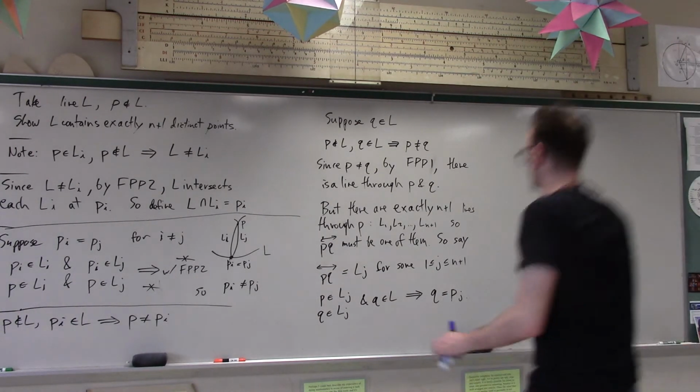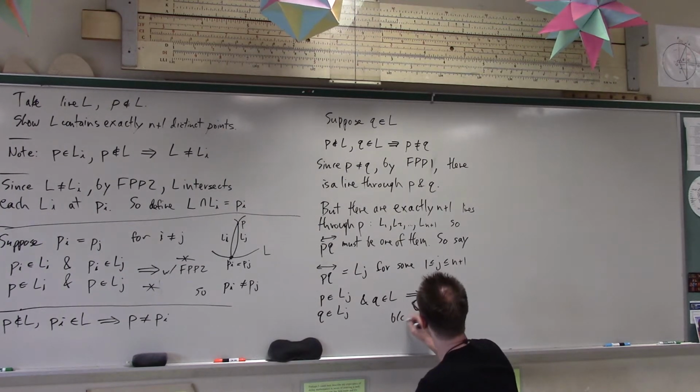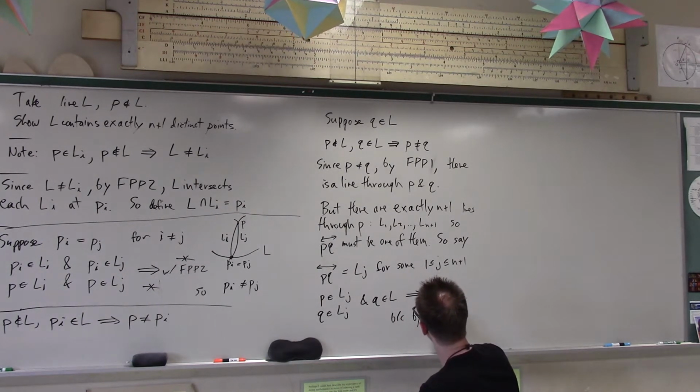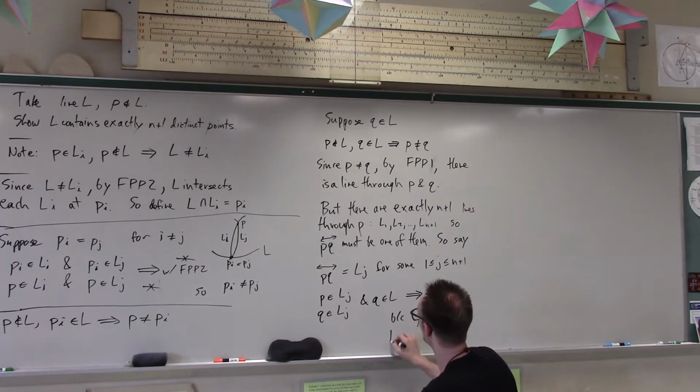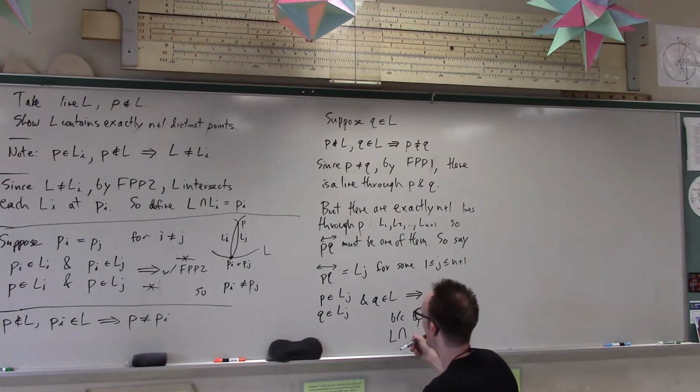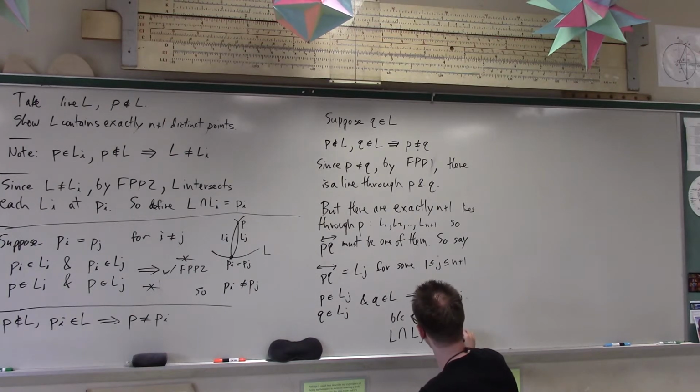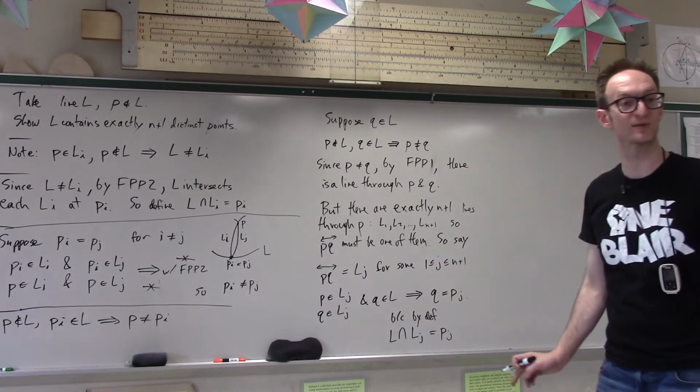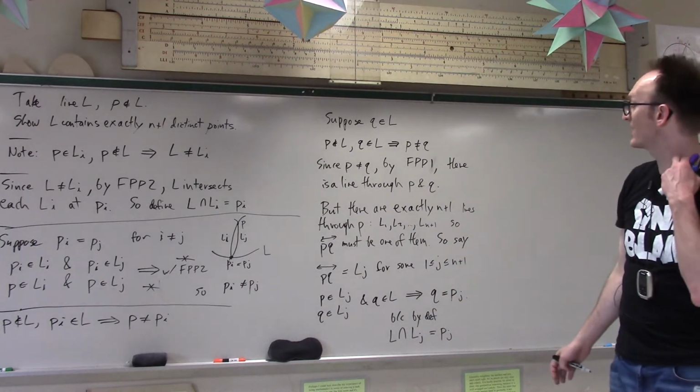Because by definition, the intersection of L and L sub j is P sub j. That's how we defined P sub j in the first place, to be the point where L and L sub j meet.